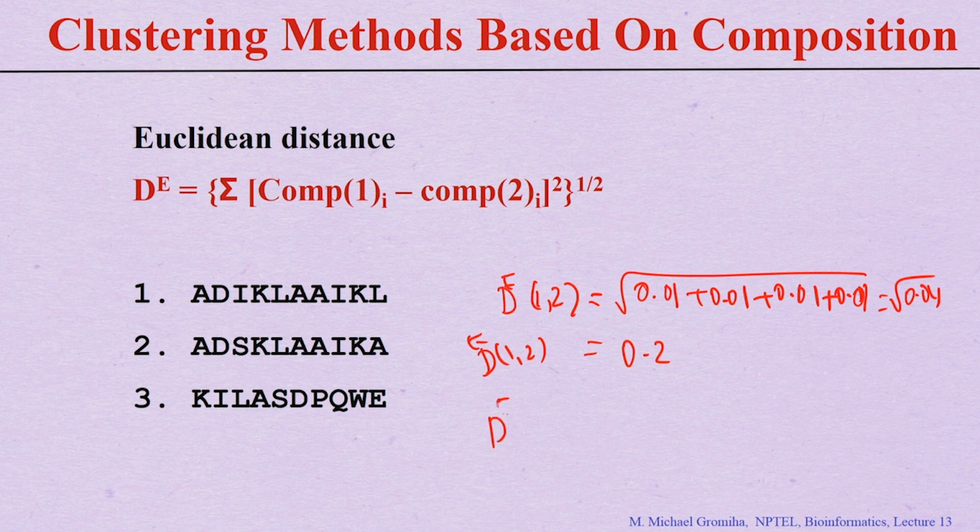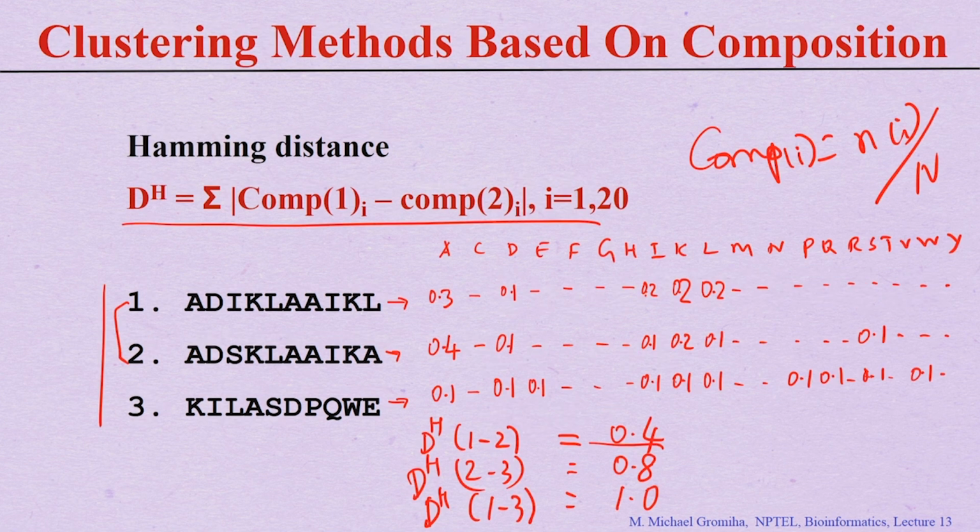How about d E of 2 comma 3? 0.09, 0.01, here it is 0, here it is 0.01, 1, 2, 3 times.